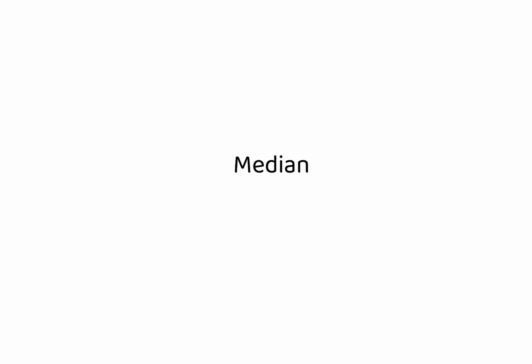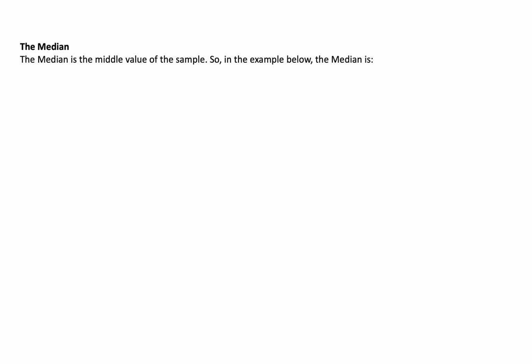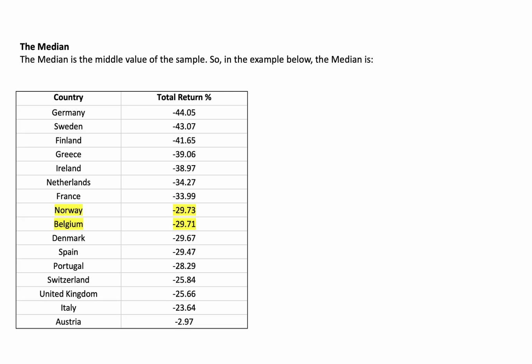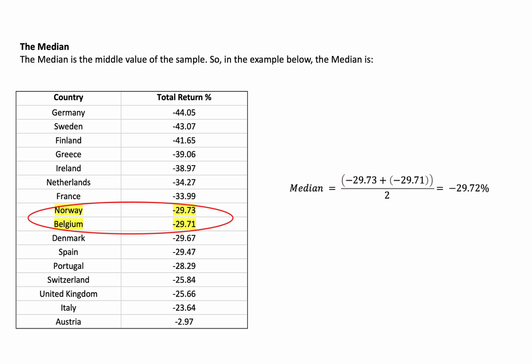So now let's look at the median. The median is essentially the middle value of the sample. So in the example below, the median here are the two middle values because there's an even number of countries, and so you have to add those two and divide it by 2, and you get a value of negative 29.72.